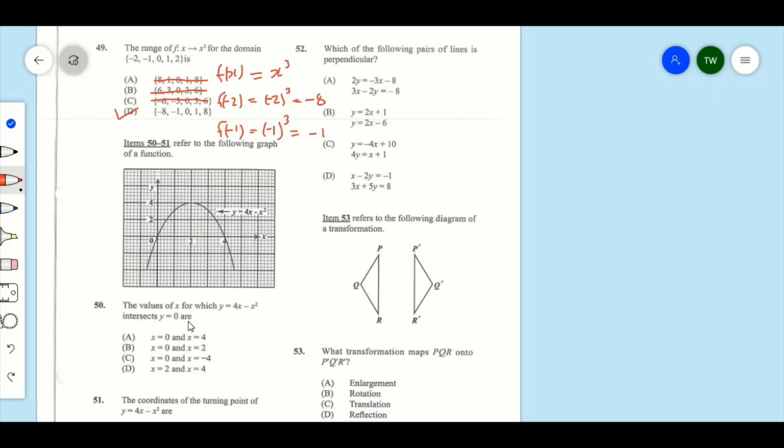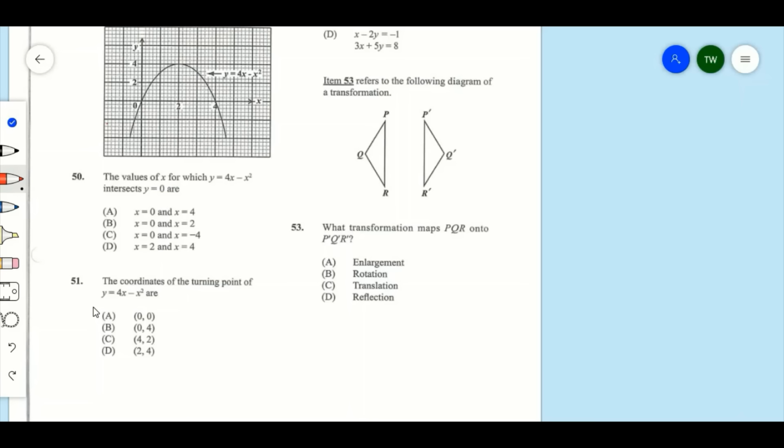Now when y is equal to 0, that's the x-axis, that's what they are talking about. So another name for the x-axis is y equals 0, because for any x value that you pick on the x-axis, the corresponding y coordinate is going to be 0. x equals 0 and x equals 4. So our answer for 50 is going to be A.